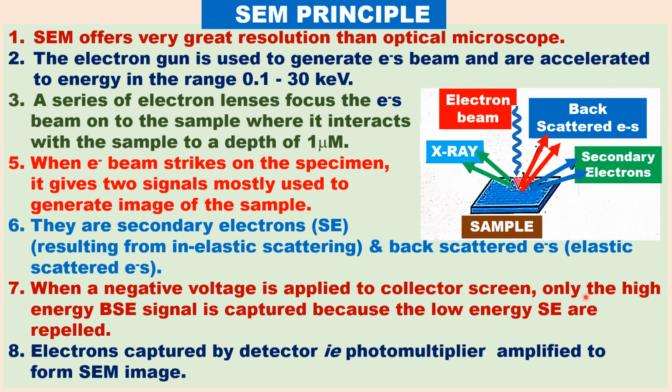Electrons are also negatively charged, and so is the collector screen. The electrons captured by the detector, that is the photomultiplier tube, are amplified to give the image.